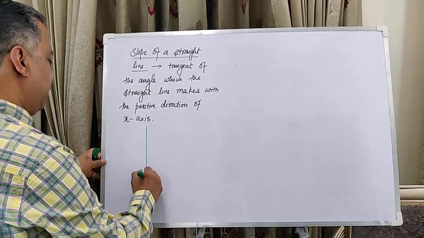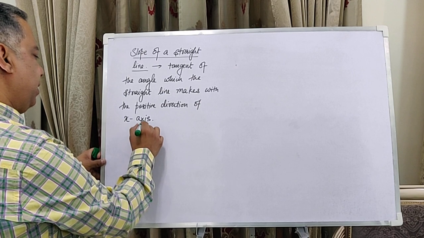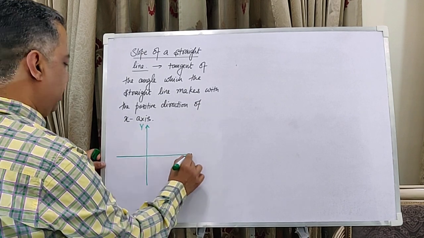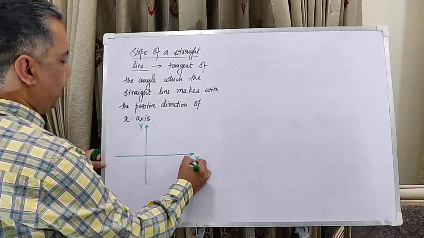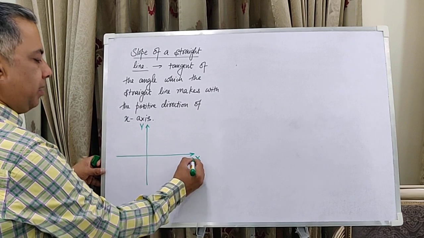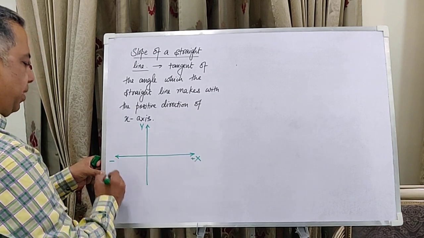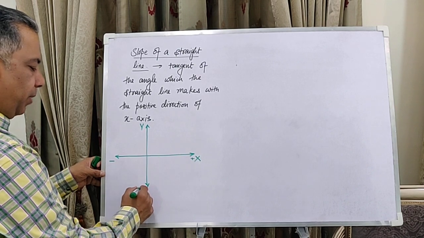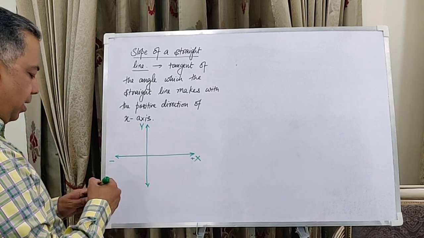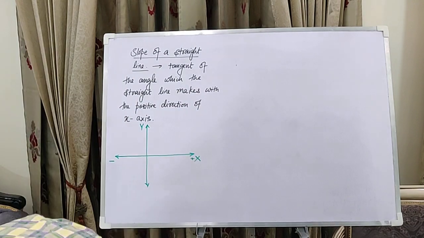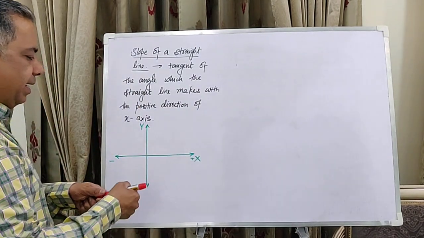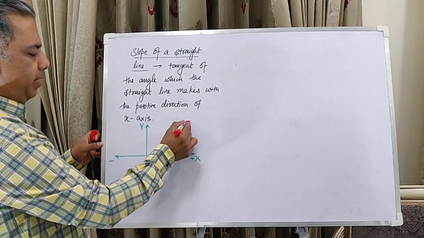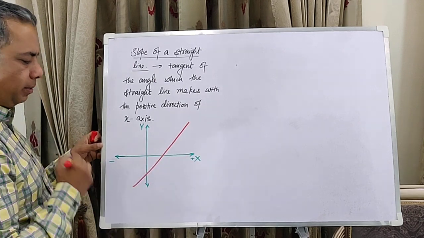Imagine that this is the y-axis and this is the x-axis. This is positive x, the opposite direction would be negative x, positive y, and the opposite direction would be negative y. Now, what is slope of a straight line? Let's draw a straight line, say this.